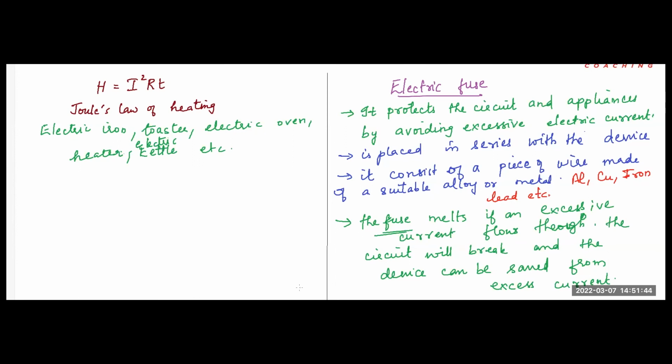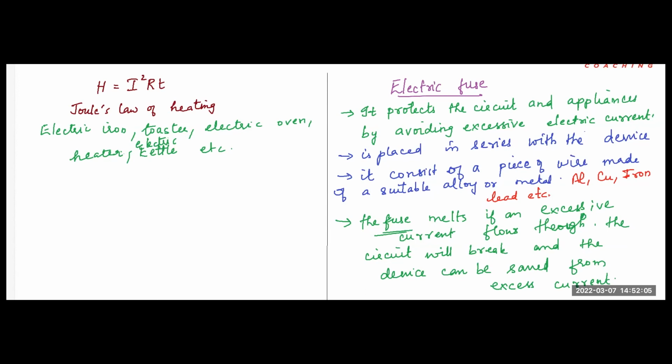It has a suitable wire which will melt if an excessive current is flowing through it. And since this fuse is connected in series with the device, the circuit to the device will be disconnected. Let us see one example.